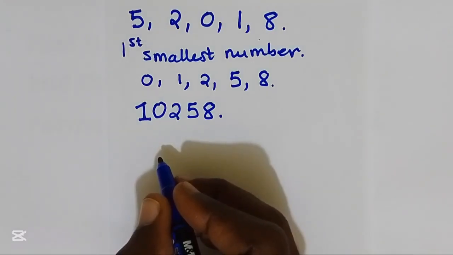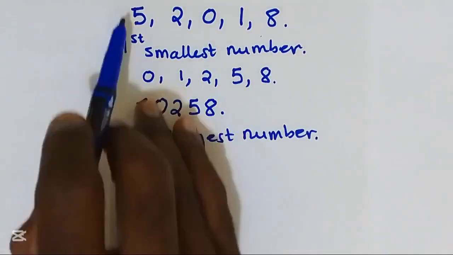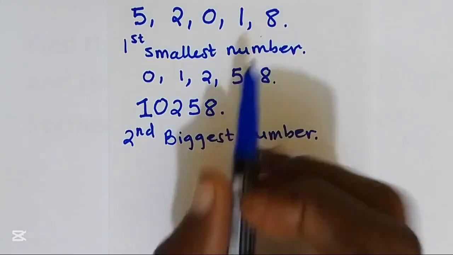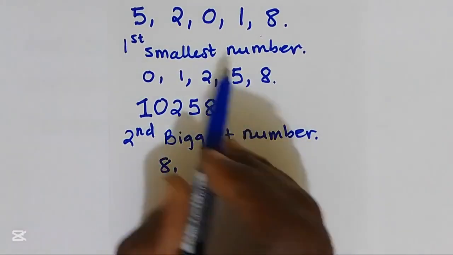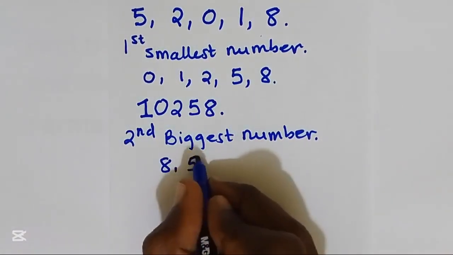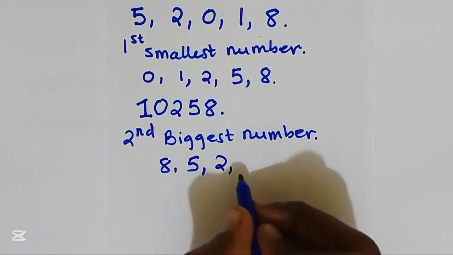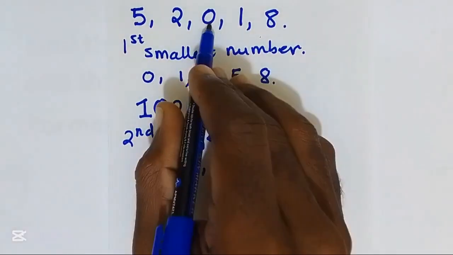Second, let us form the biggest number. To form the biggest number, we are going to arrange our digits in descending order. That is from the big number to the small number. So we are going to start with 8, followed by 5, followed by 2, followed by 1, then at last 0.